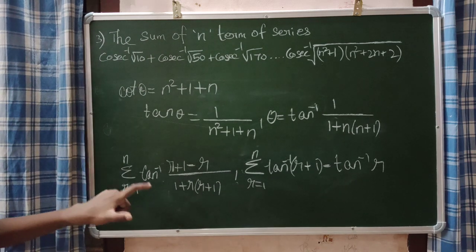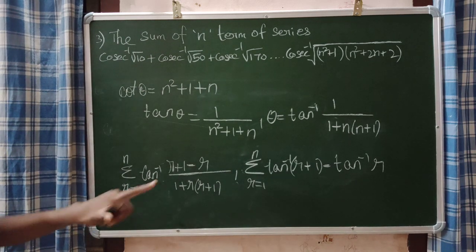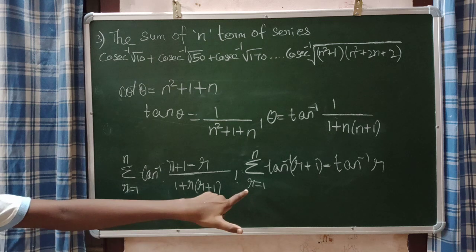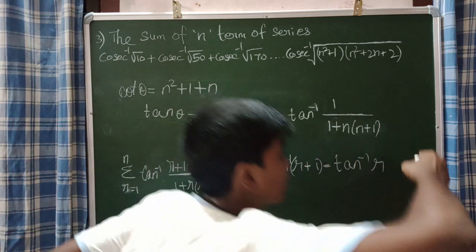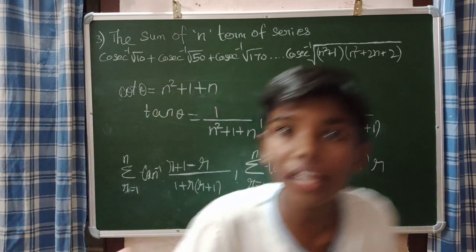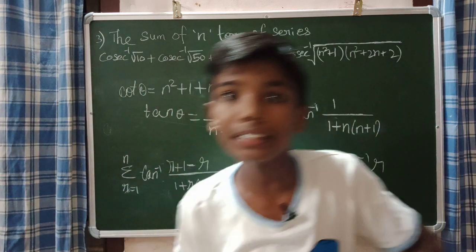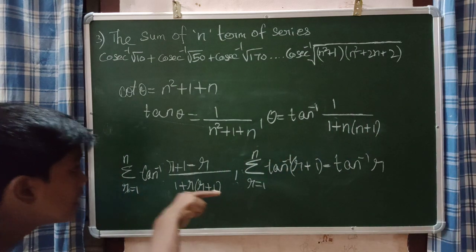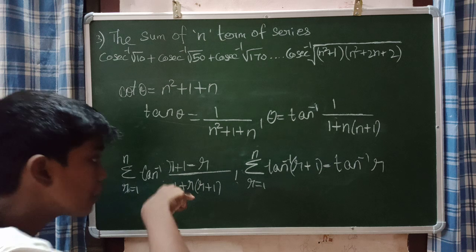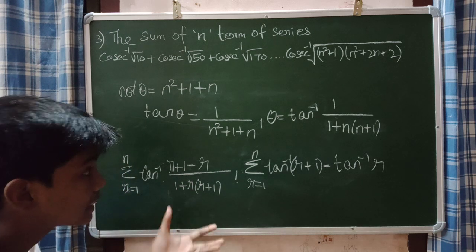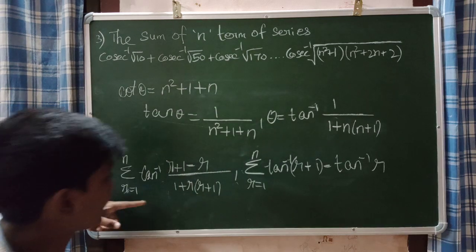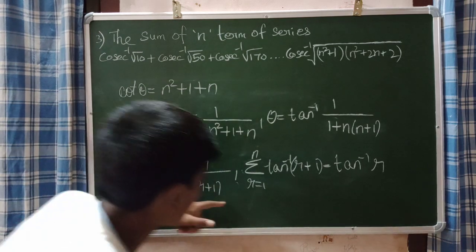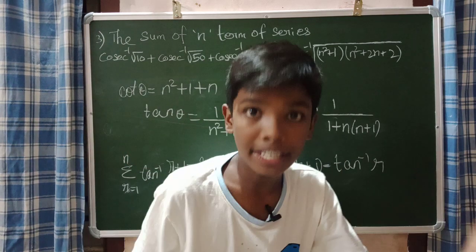I can write tan inverse of r plus 1 minus r divided by 1 plus r into r plus 1 as summation of tan inverse of r plus 1 minus tan inverse of r. How? By the formula: tan inverse of a minus tan inverse of b is tan inverse of a minus b divided by 1 plus ab. Using that formula, I can say this now. When you do this also, you will get this value by the formula of tan inverse of a minus tan inverse of b. That's all.